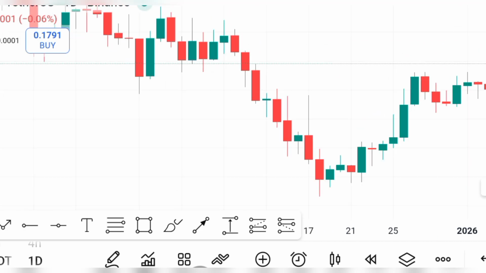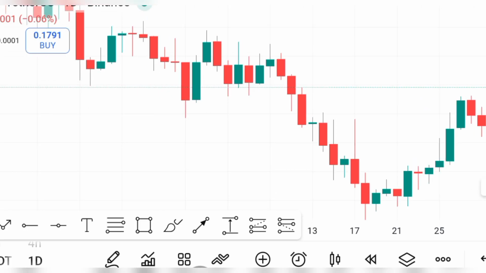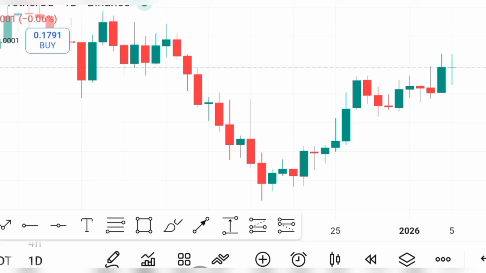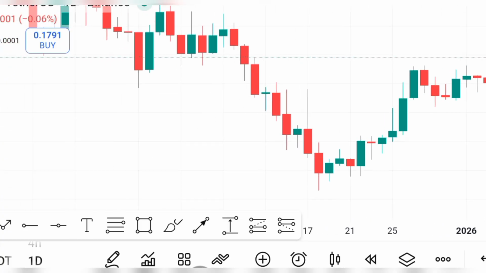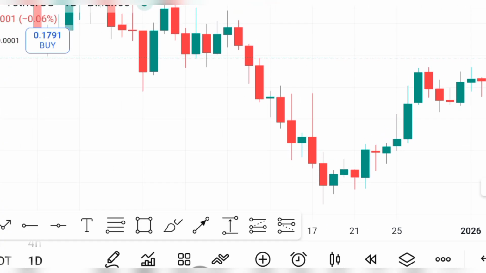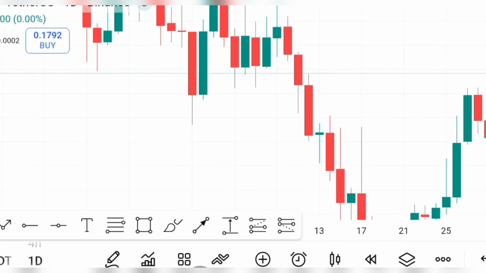Some people make a mistake and go back to 2023, how the market used to move in 2023 and 2024. Now we are in 2026. At least go to the current market structure, and there you'll get to know where the market is trading from. So for the fair value gap, you can see the market.